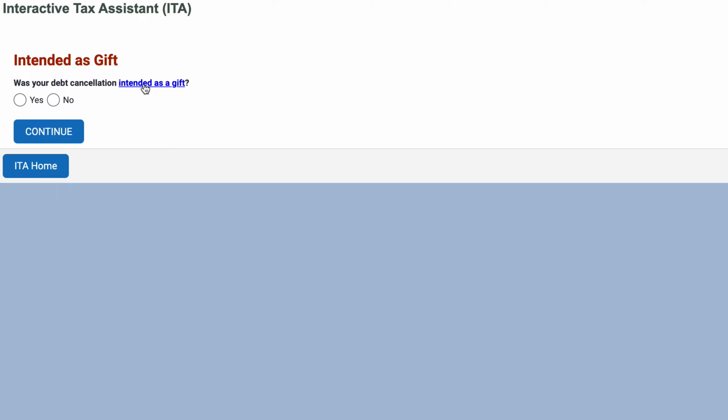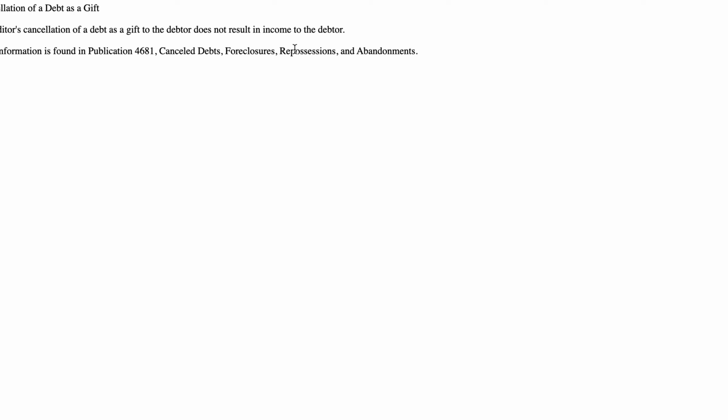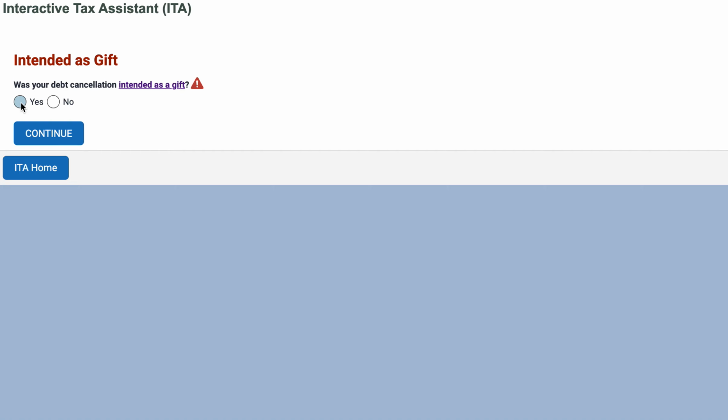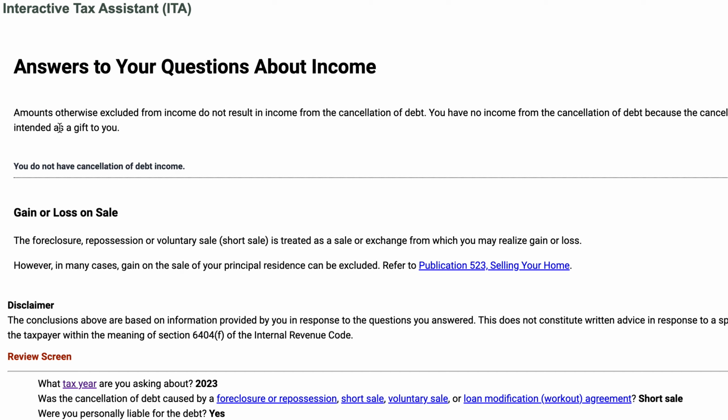So if you click this pop-up, it will say that debt cancellation intended as a gift is not considered taxable income to the debtor. So if we select yes, we'll reach the end of the interactive tax assistant because it says you don't have cancellation of debt income.